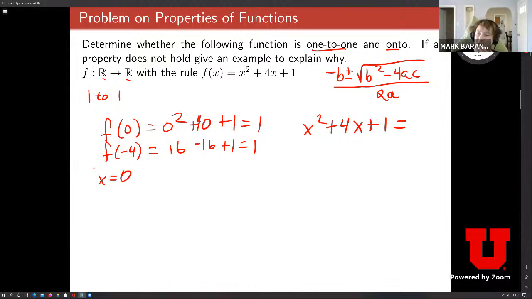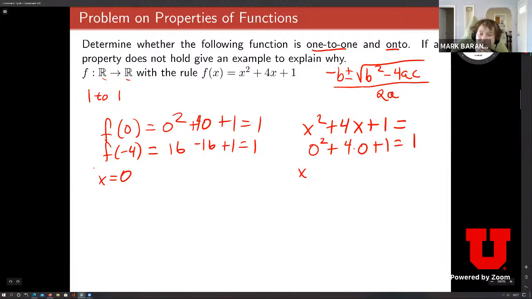We're going to try to solve this equation. So 0 squared plus 4 times 0 plus 1 is equal to 1.